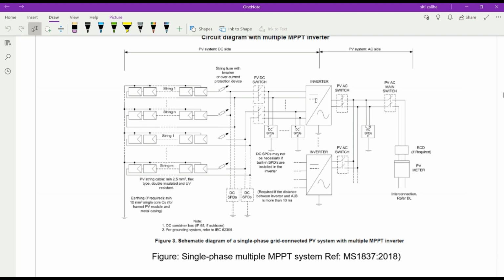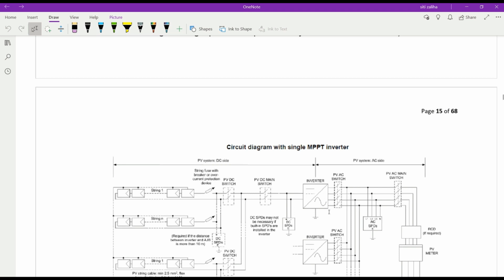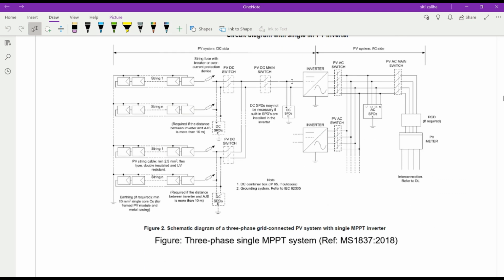It is a multiple MPPT connection. Okay, we go to 3-phase. Okay, for this 3-phase system, single MPPT inverter, this part is similar to the single phase single MPPT system, but the difference is this type of inverter is a three phase single MPPT inverter.